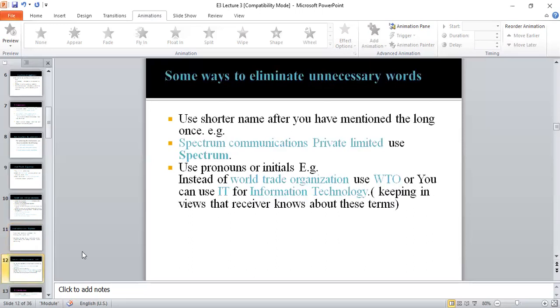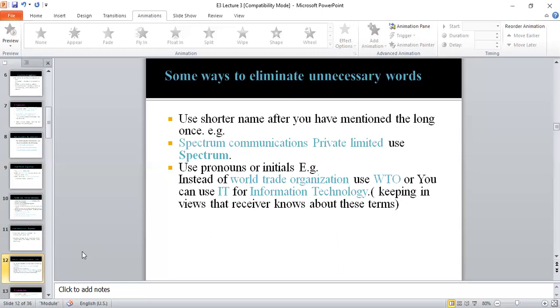And then there are some ways to eliminate unnecessary words. You can eliminate them, you can prune them, you can delete them, or you can just cross them out. Use a shorter name after you have mentioned the long name once. For example, we have Spectrum Communication Private Limited. Use Spectrum only the next time you use it.